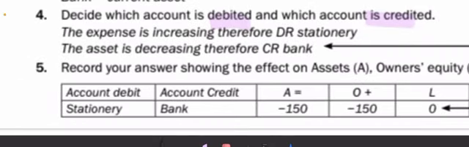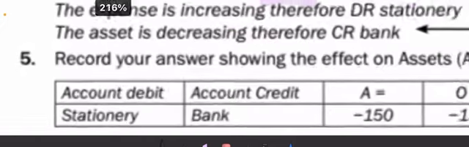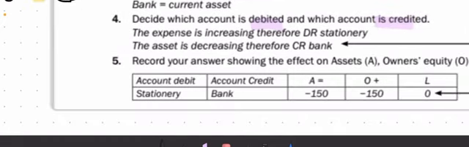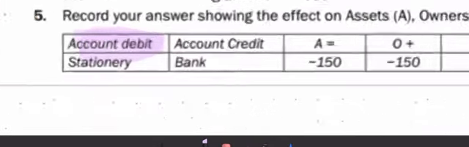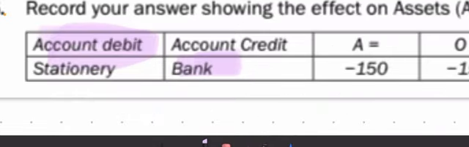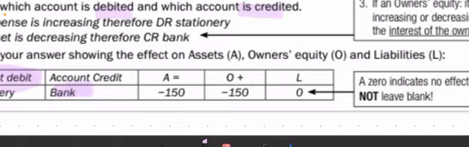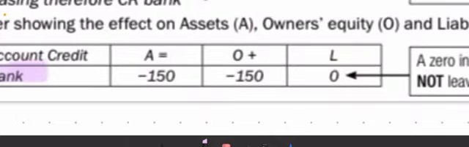And then let's see, record your answer showing an effect on that. Okay, so already we have highlighted our account to be debited, which is stationery, and then the account credited is bank, because the bank is decreasing. All right, so we're gonna have a bank here as shown there, and then we have our little accounting equation here.